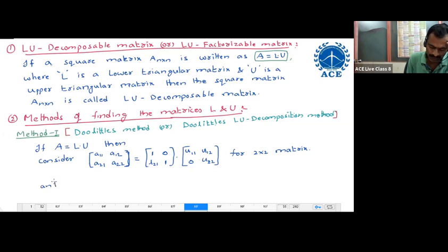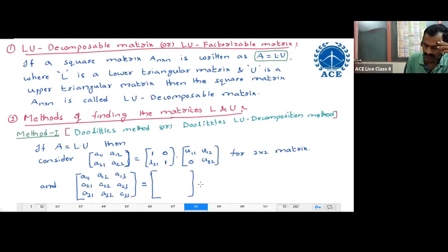Similarly for a 3 by 3 matrix: A11, A12, A13, A21, A22, A23, A31, A32, A33. To write this matrix as L into U, we write the general L into U and then try to find the elements of these two matrices.